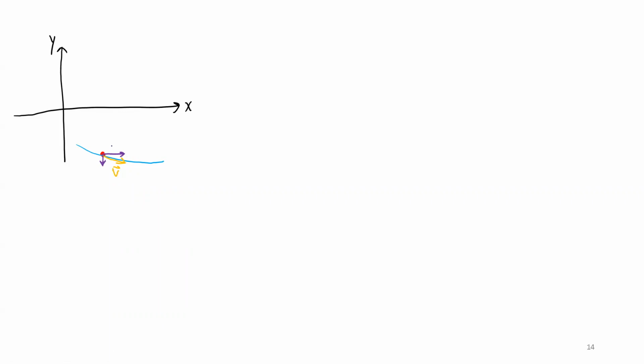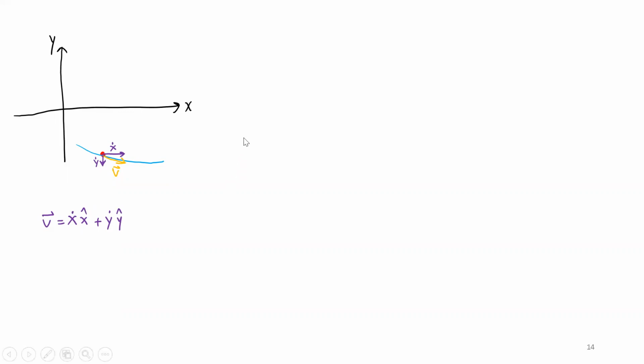The magnitude of this one is x dot, and the magnitude of the other one is y dot. So this is how we would do it in the Cartesian coordinate system. This v is x dot x hat plus y dot y hat.